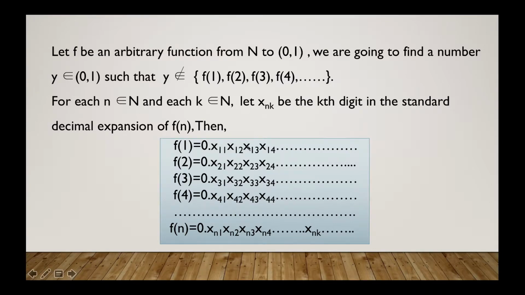For example, we look at this table. Here, x_13 means the third digit of the decimal expansion of f1.